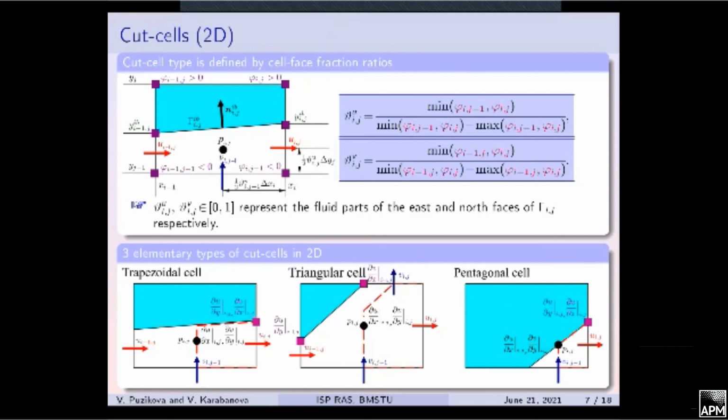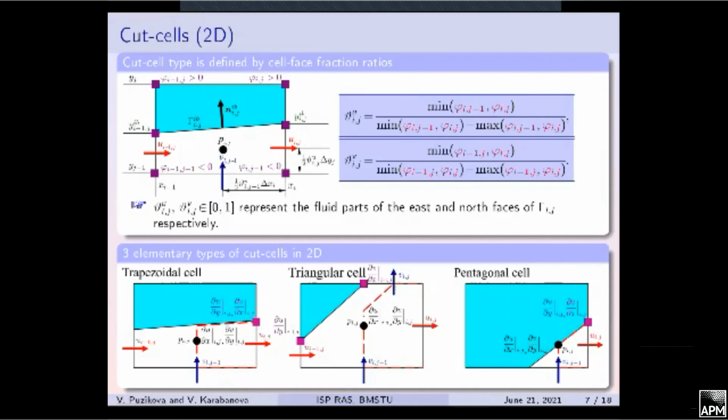The level set function is introduced for immersed boundary description. The immersed boundary is represented by a line segment on the cut cell. The cell face fraction ratios are introduced for efficient computation of geometry parameters of cut cells and identification of cut cell type.